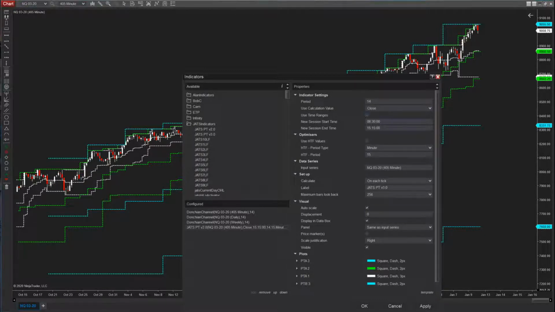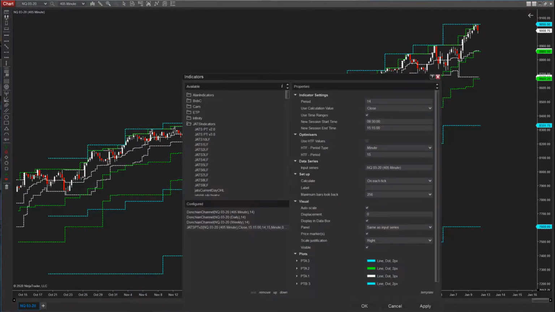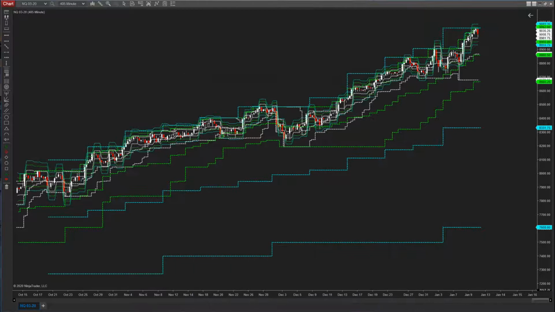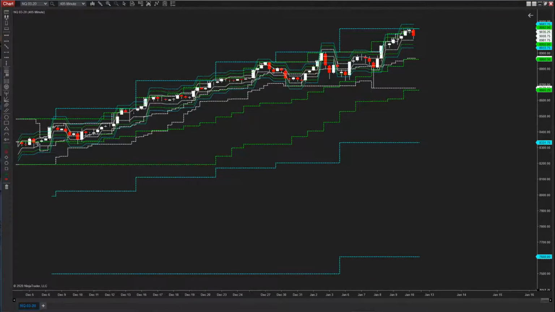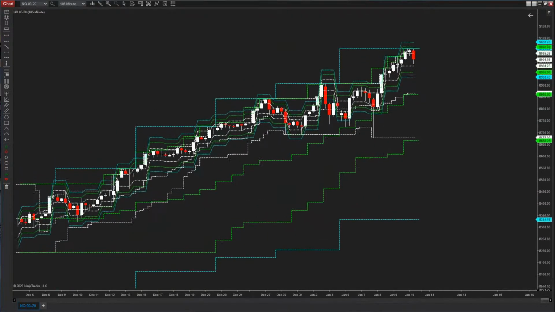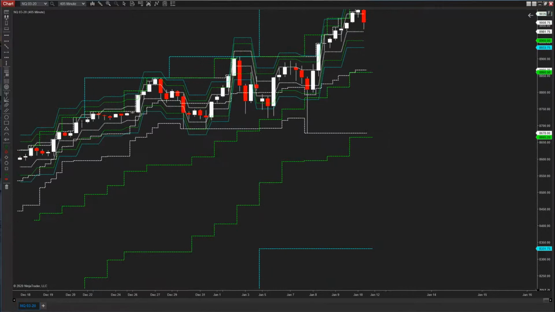So let's put some RTH targets up. So I'm going to load my RTH target, equities RTH, give me the dots so I can see where I am. And so coming in here, you can see the up and down levels pretty clearly.